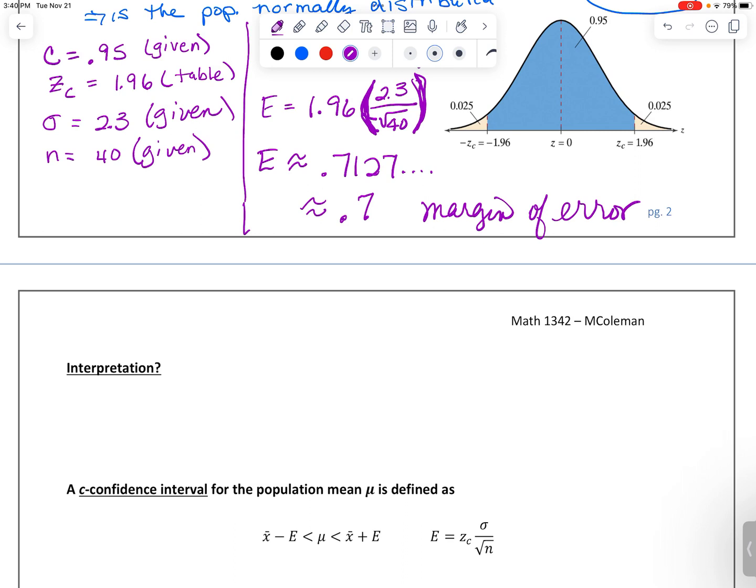So here's the interpretation. Why do we find this and what does this mean to us?